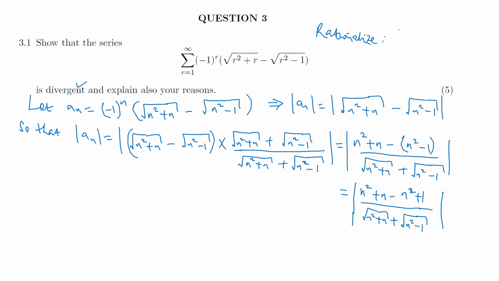You can rationalize anything. Like if I say the square root of x minus the square root of 5, how do you rationalize this? You multiply everything and it becomes x plus 5.